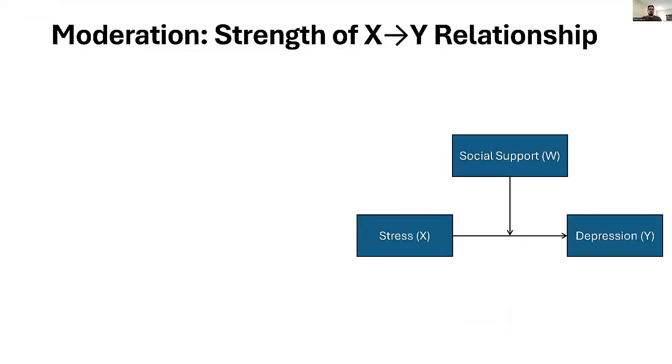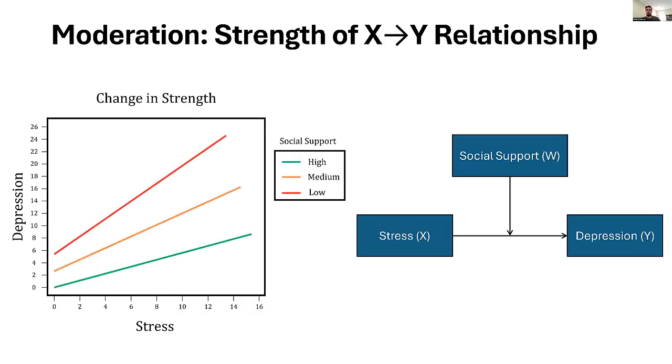Okay, so two types. This doesn't affect how you model them, but this is often what you'll see, these different types of moderation. First is the moderation of the strength of the relationship of X to Y. What you'll see on the left side here is called an interaction plot. This is a figure that should always be included in any manuscript or poster that uses moderation.